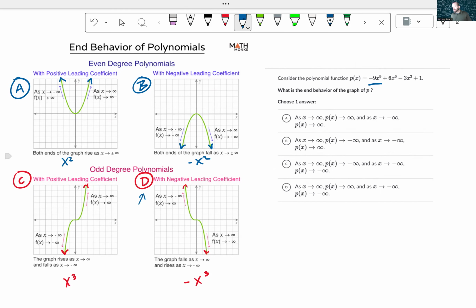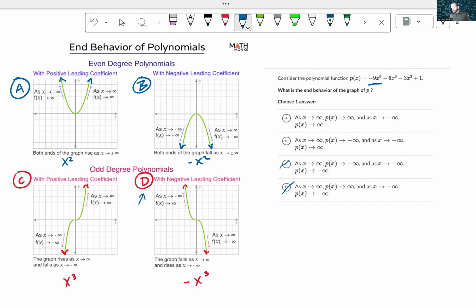So now let's just check to see what D says. Instead of going through A, B, C, and D, I'm just going to look to see which one matches. As x approaches negative infinity, y approaches positive infinity. That looks correct for A and for B. So we can cross off C and D right away.